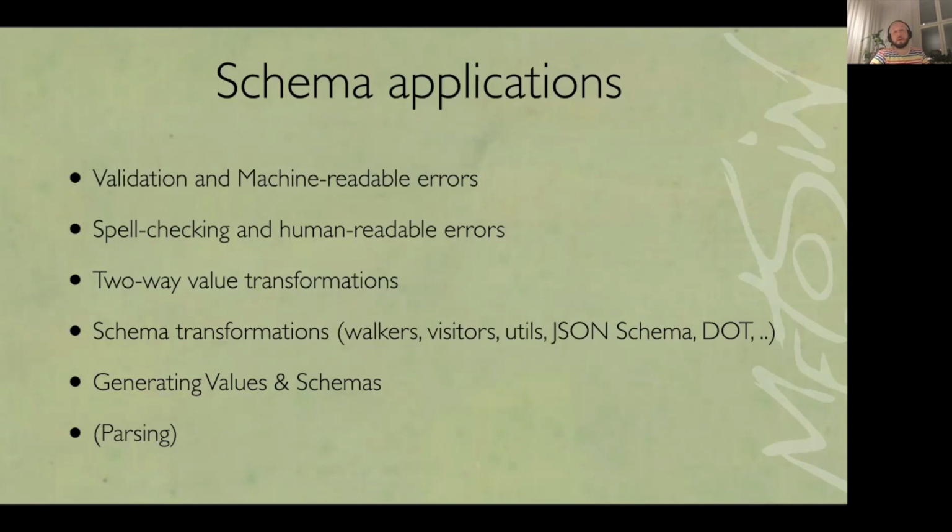And then there's another namespace, malli.error. It has spell checking, so it checks for misspelled keys, and it has these human readable errors. I think this has been really important because you cannot basically vomit out those machine readable errors to humans.